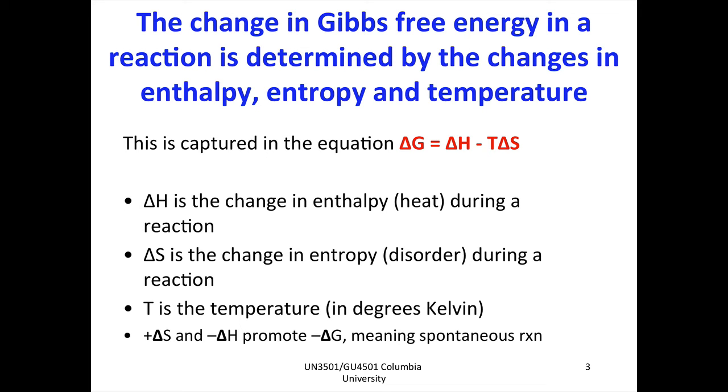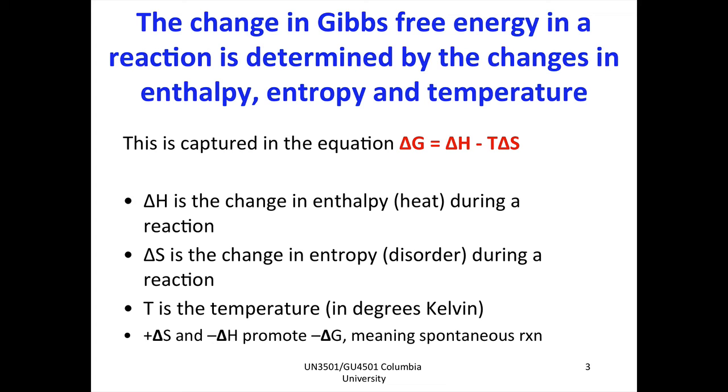So let's think about the relationship there again, because this is key to understanding change in free energy in a reaction in terms of these two parameters. As we have more disorder, there's an increase in delta S. So that could be if you're generating a gas during a reaction, or again going from breaking a molecule into two pieces, one molecule going to two.